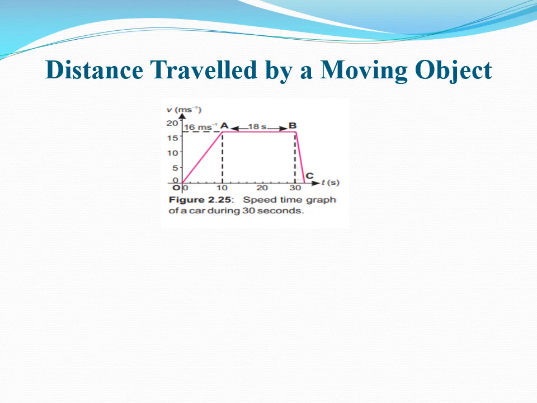An alternative way to get the distance is by considering this whole area, and it looks like so. What kind of shape is this? It's a trapezium. So the area under this trapezium gives you the distance. So let's calculate the distance by considering the area of the trapezium.